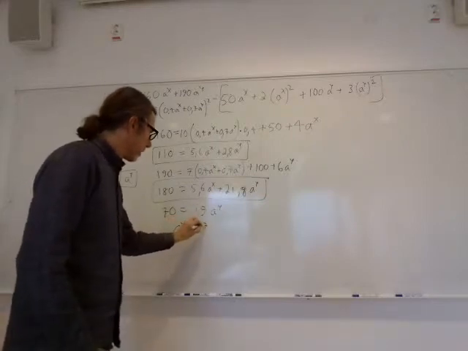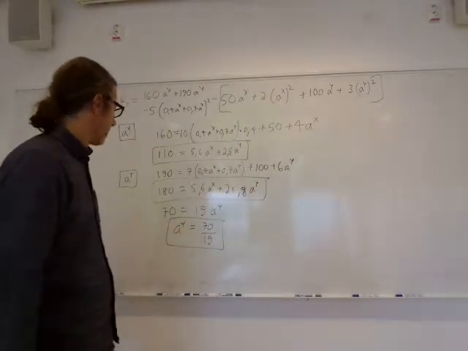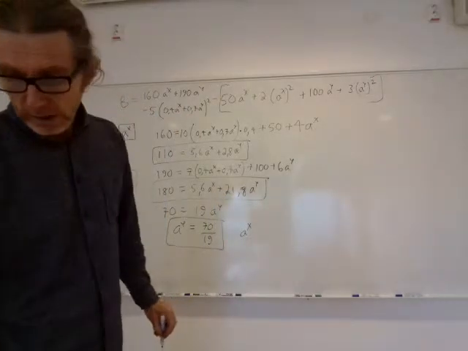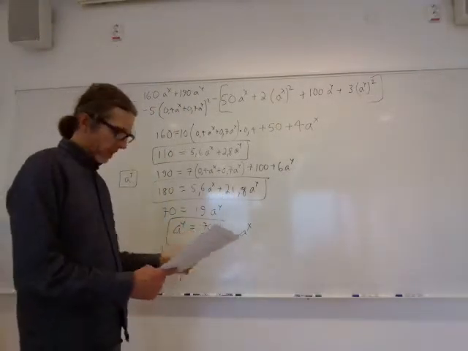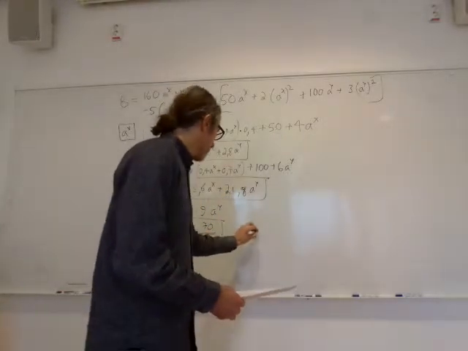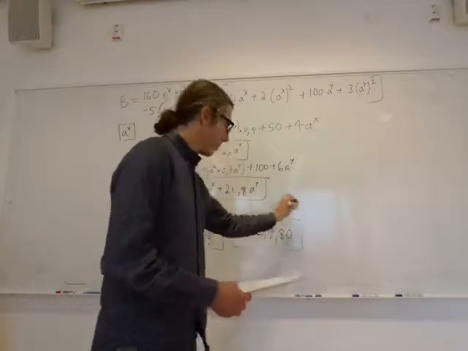AY is 70 over 19. And I'm not going to go through AX. I don't know if we can get an expression like this or not, but in my crib sheet I've got that AX is 17.80.